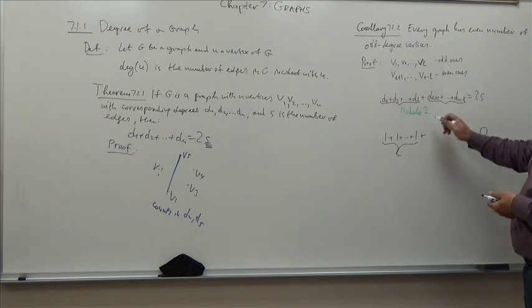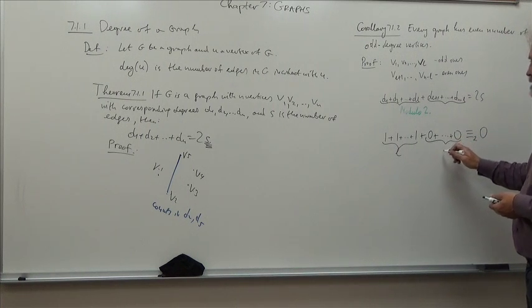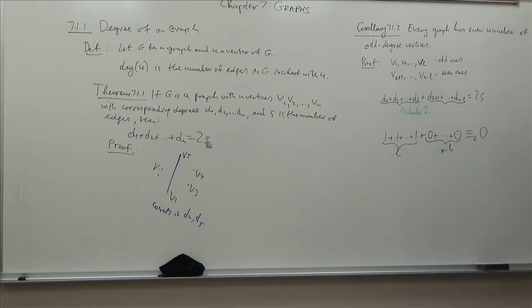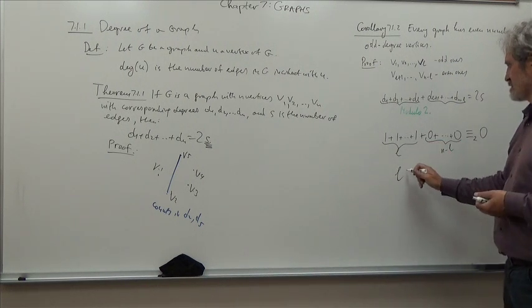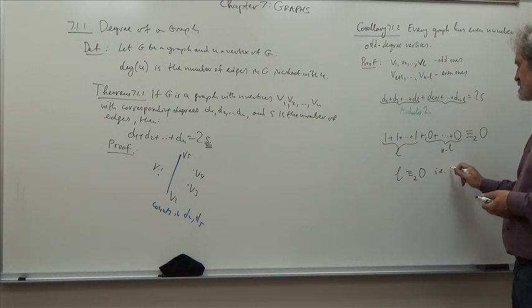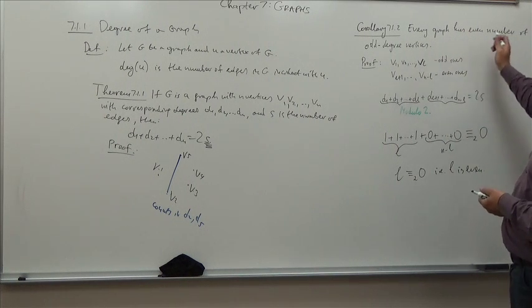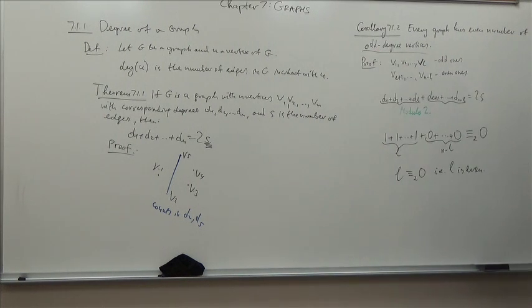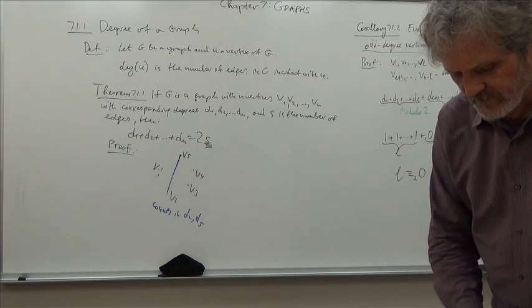These are even, so they give remainder 0 modulo 2. So altogether, 1 plus 1, L times is just L, 0 does not count, and L is congruent with 0 modulo 2, which means L is even. And L stands for the number of odd degree vertices. So a very simple, elegant proof, could be a nice problem for the final, because it needs minimal technology, but needs some skills.